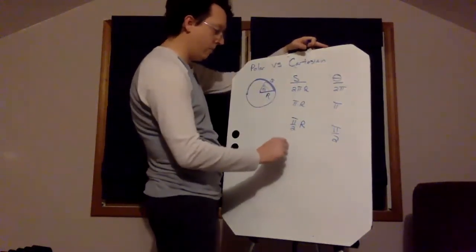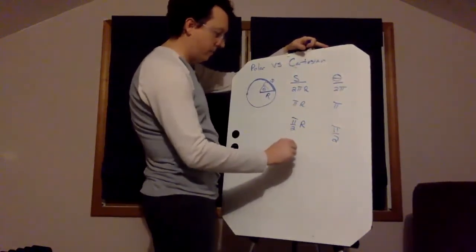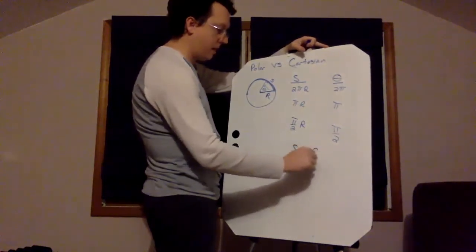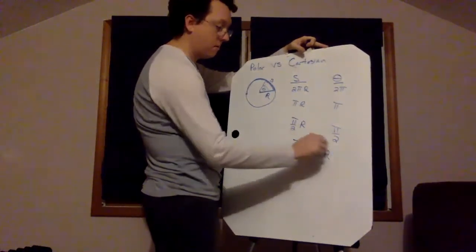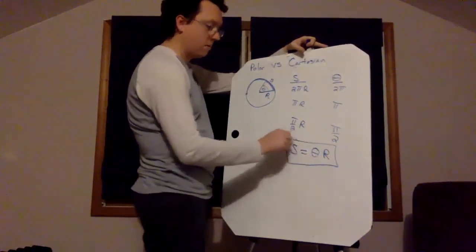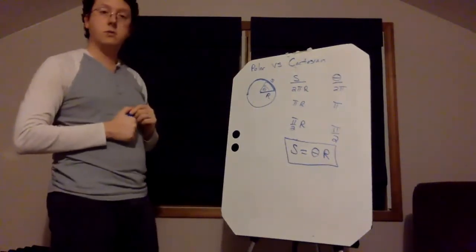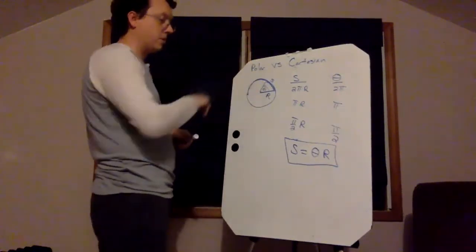So in general, S equals theta in radians times r. Okay, so that is generally true when you're moving around a circle.